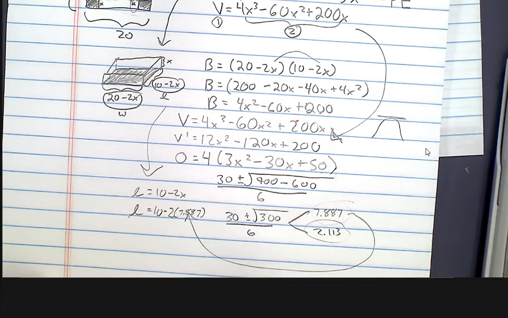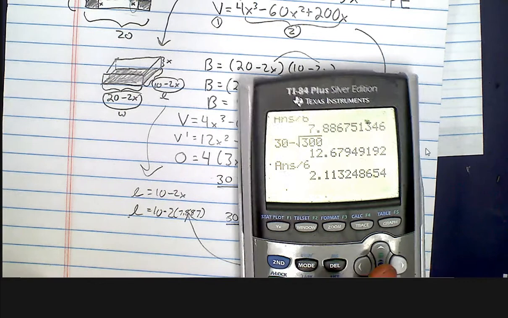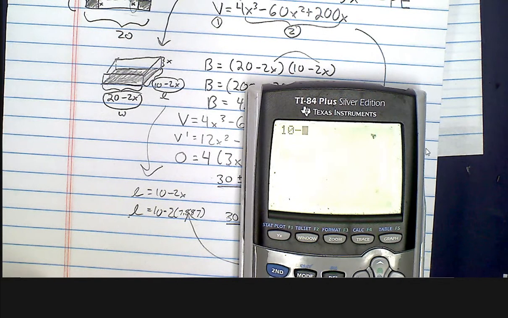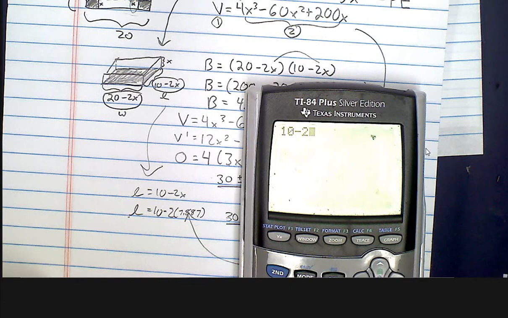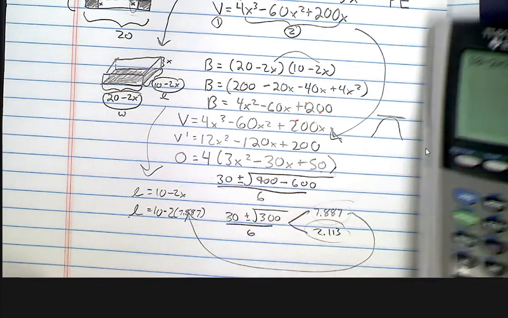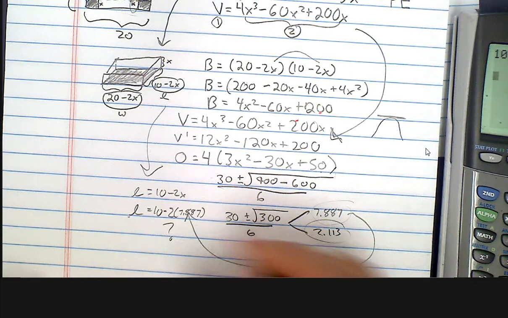Alright, so let's try that. 10 minus 2 times 7.887. Well, that's a negative value. How can you have a negative length? So it's like, what the heck? So you know that that's not your solution.